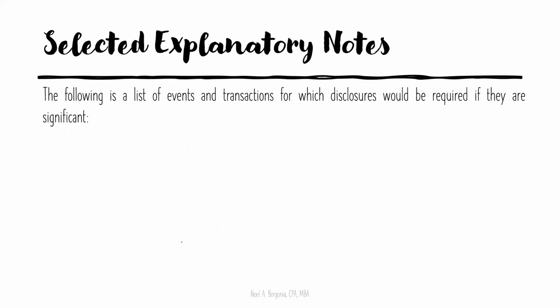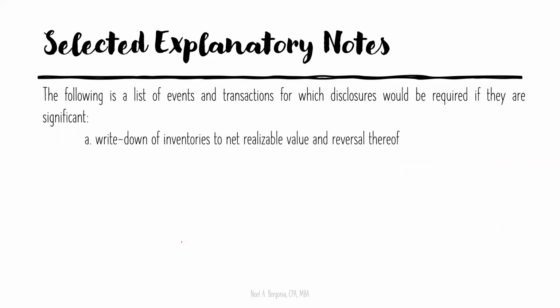Okay, so here are just some list of events and transactions that required in disclosures, if they are significant. First are the write-down of inventories to net realizable values or reversal. So in your discussion of inventories, diba? So there would be a write-down from the costs to net realizable value in accordance with IAS number 2.